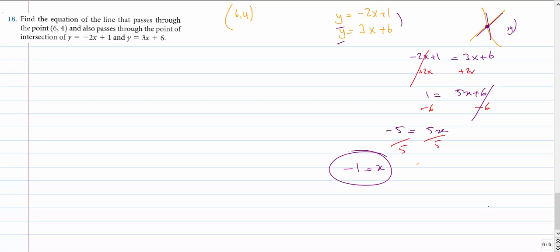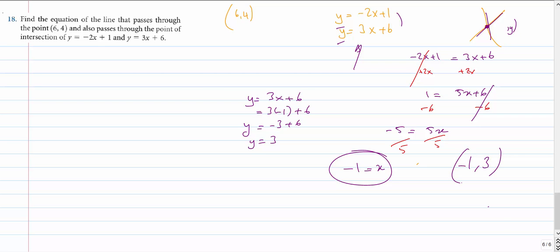Okay. So when x is negative 1, I'm going to plug it into any one of the lines to find the y coordinate of the intersection. So y is equal to, let's say, 3x plus 6, and x is negative 1, 3 times negative 1 plus 6, negative 3 plus 6. So y is equal to 3. So the intersection point is (negative 1, 3).